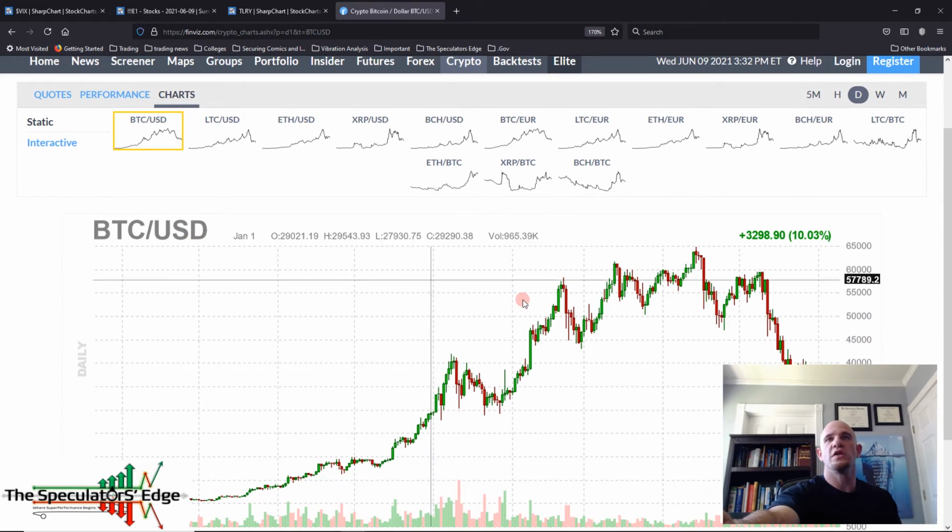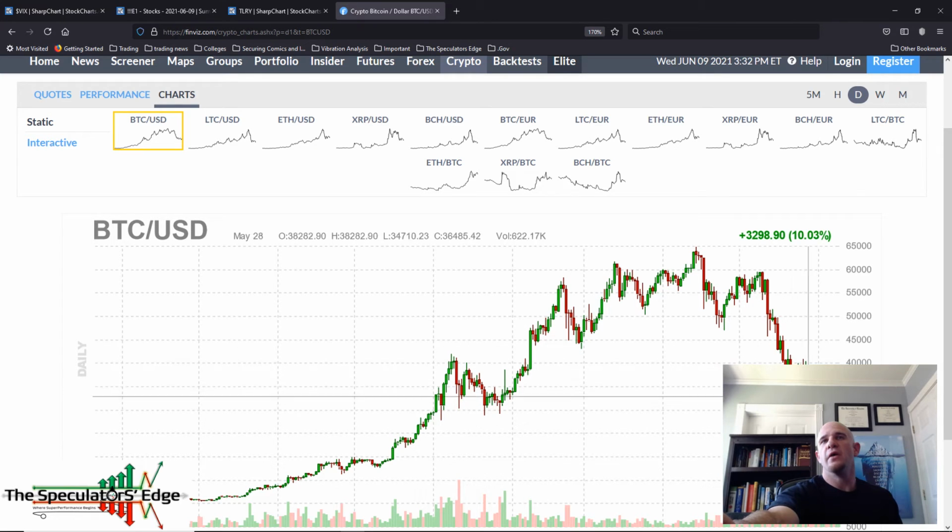So Bitcoin to the US dollar. Bitcoin's trying to straighten up here. It's starting to kind of bottom out, which it got down to that $30,000 level here, which is huge support. Not for sure what it's going to do. Maybe here soon it may break out to the upside, but you never know.